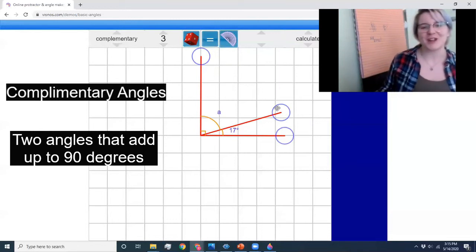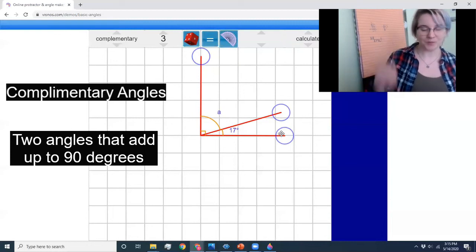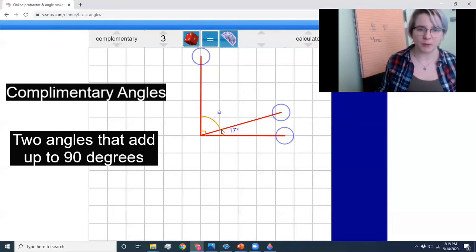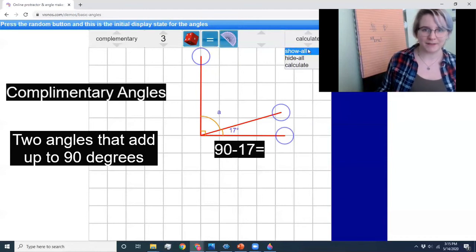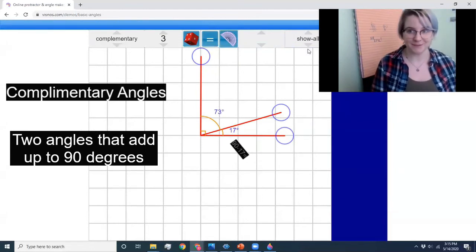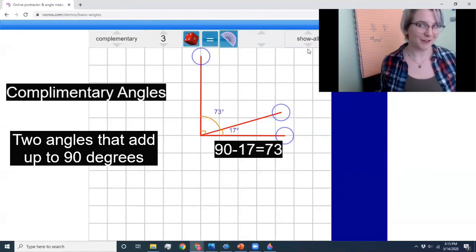That's right. We take the 90-degree angle, 90, and we subtract what we already know, 17. That leaves us with the rest of the angle. 90 minus 17 is 73. Those are complementary angles.